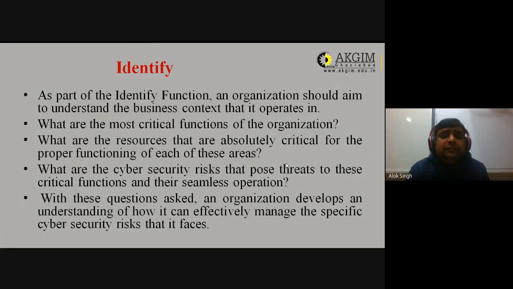So what are the various security threats that are occurring, and what is the impact of those security threats that you should list? Okay, so you should identify and list them. With these questions asked, an organization develops an understanding of how it can effectively manage the specific cybersecurity risk that it faces. So you should first identify the various risk scenarios that may occur in your organization, and the frequency and impact of those risk scenarios.